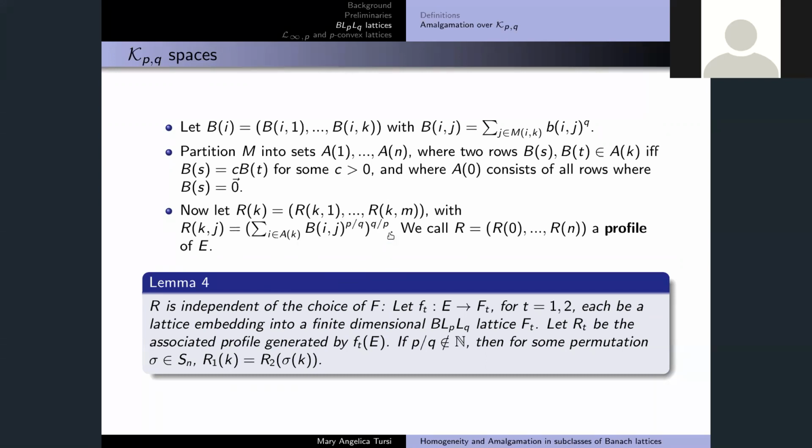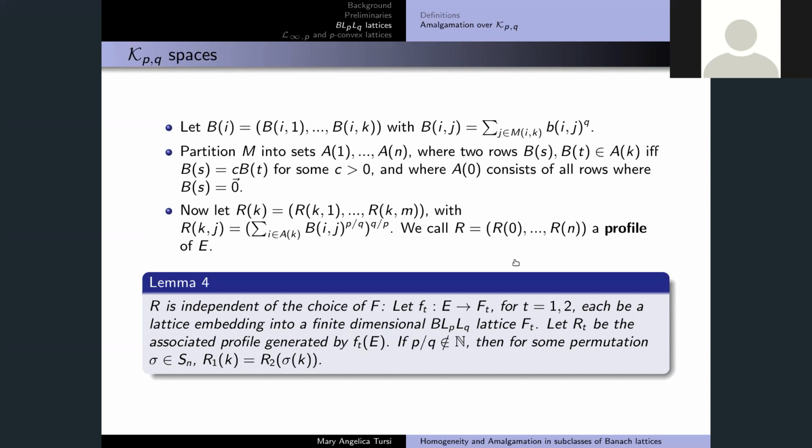And we're going to call this R. So we're getting a matrix, basically, where the rows are up to constant multiples of each other, and the columns correspond to each of the atoms. And we'll call this matrix R a profile of E. And it turns out that when you have E mapped into any two different finite dimensional BL_p-L_q lattices, this profile is independent of the choice of your maps.